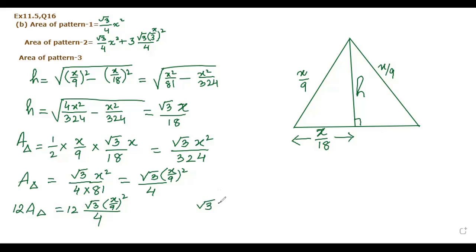So this is the area of the first one, root 3 x square upon 4, plus 3 root 3 x upon 3 whole square upon 4, then plus 12 root 3 upon 4 x upon 9 whole square.